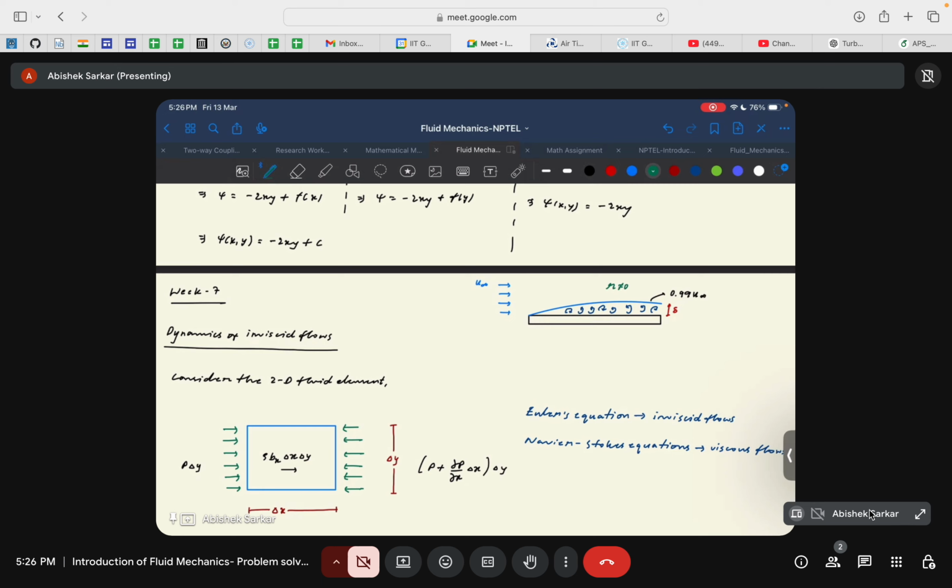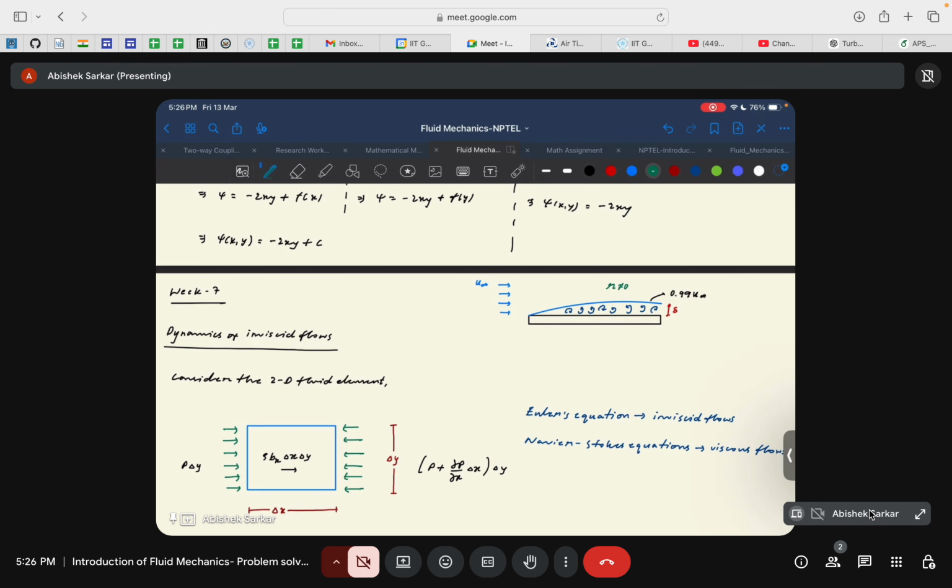But what happens is that the shear stress is defined by the product of the viscosity and the velocity gradients. So if shear stress has to be zero in these regions, the velocity gradients actually have to be zero.